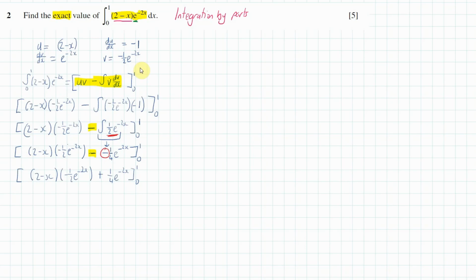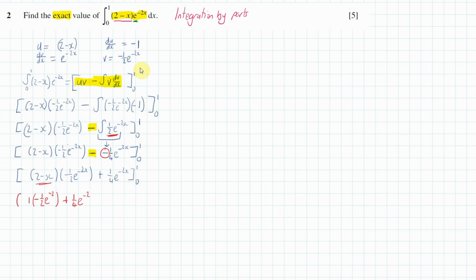So 2 minus 1 is 1, and then minus 1/2 e to the minus 2, so it'll be minus 1/2 e to the minus 2. I've just put a bracket around this, so this first bracket here gives us a 1, and we're timesing the next bracket by that, so it's irrelevant really. Plus 1/4 e to the minus 2.